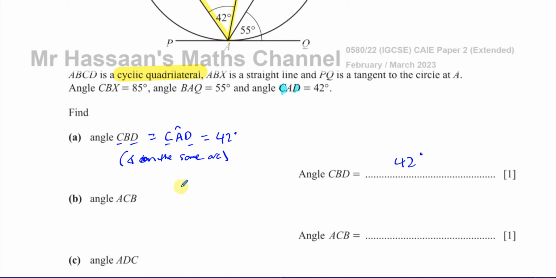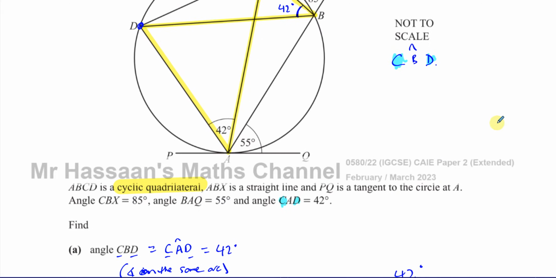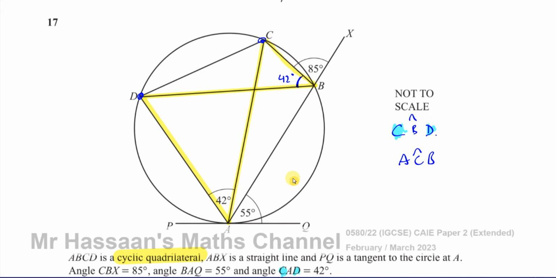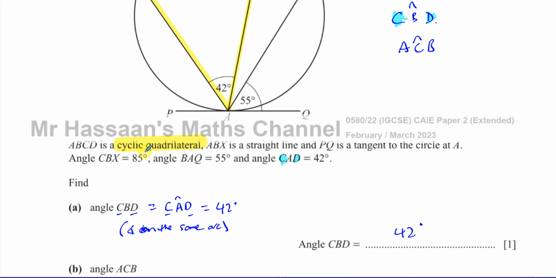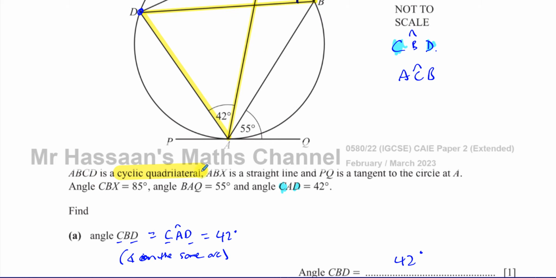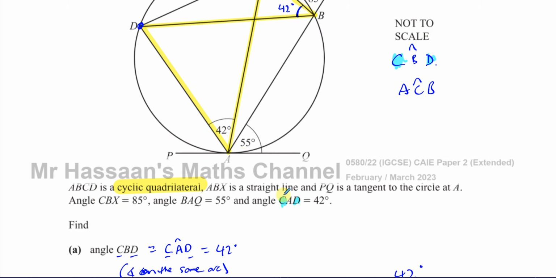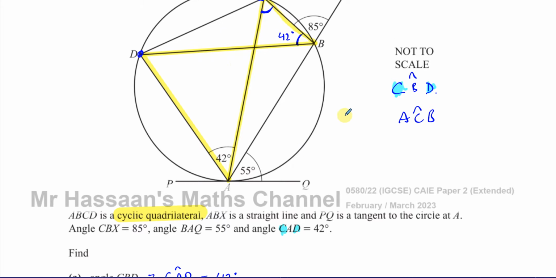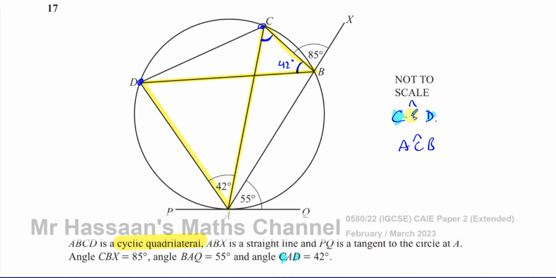Now for part B, it says angle ACB. So let's first mark the angle ACB. That's ACB, so it's the angle over here. We don't have any other angle directly given to us which has got A and B on either side, so we've got to think of another way of dealing with this.